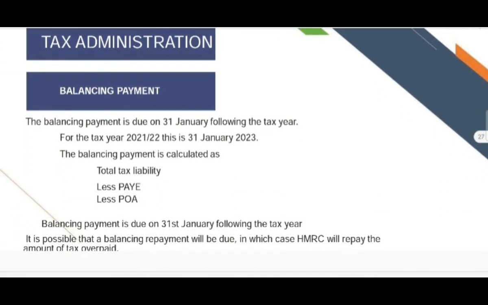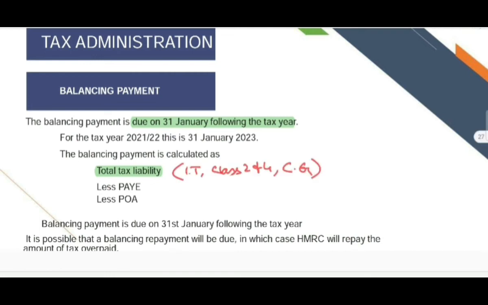Now we need to consider the balancing payment. The balancing payment is due on 31st January following the tax year. Again, for the tax year 21-22, the balancing payment date is 31st January 23. How to calculate the balancing payment? The balancing payment is calculated as total tax liability, and here total tax liability means income tax, class 2 and class 4 NIC contributions and capital gains tax, all tax liabilities included.